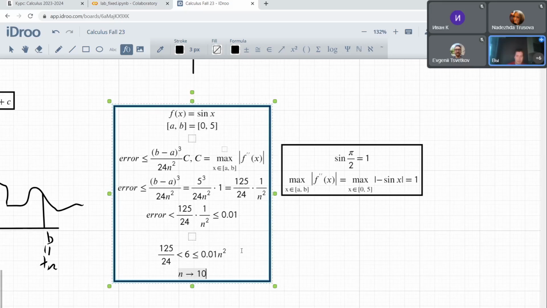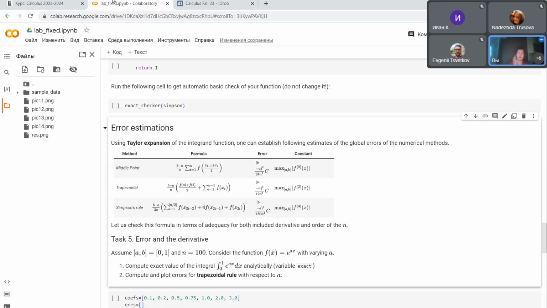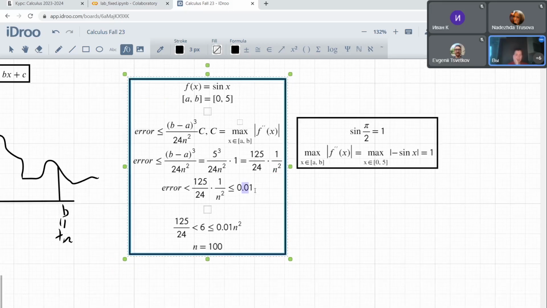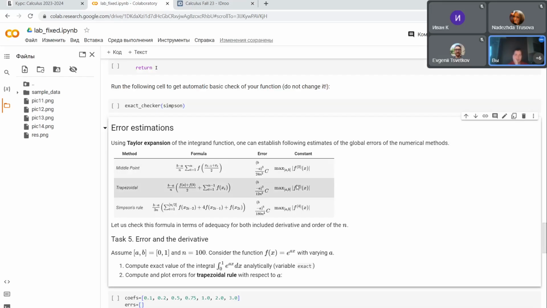Like you can take n that equals 100 and it will be enough. And you can be sure that your error will be less than 1/100. So here you can see that the middle point and trapezoidal rules are kind of the same.